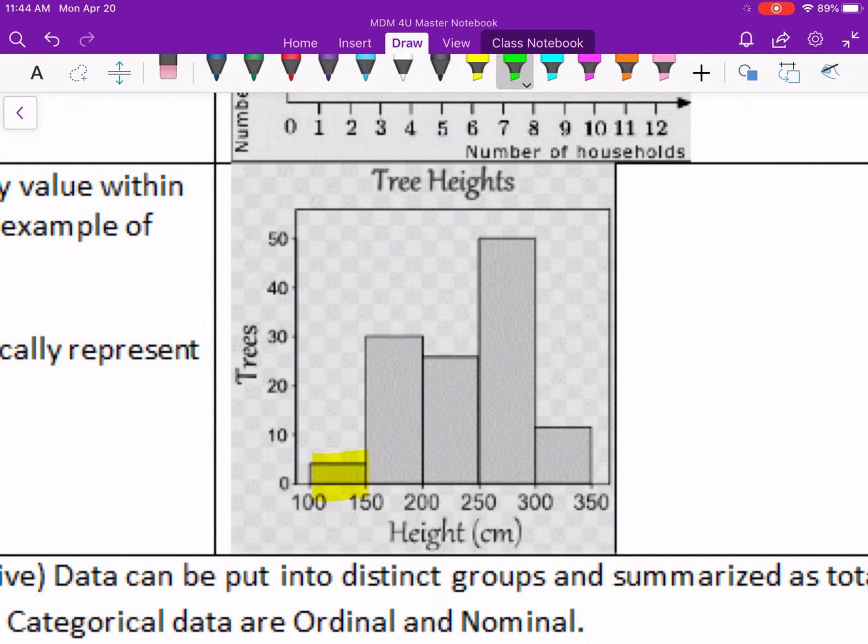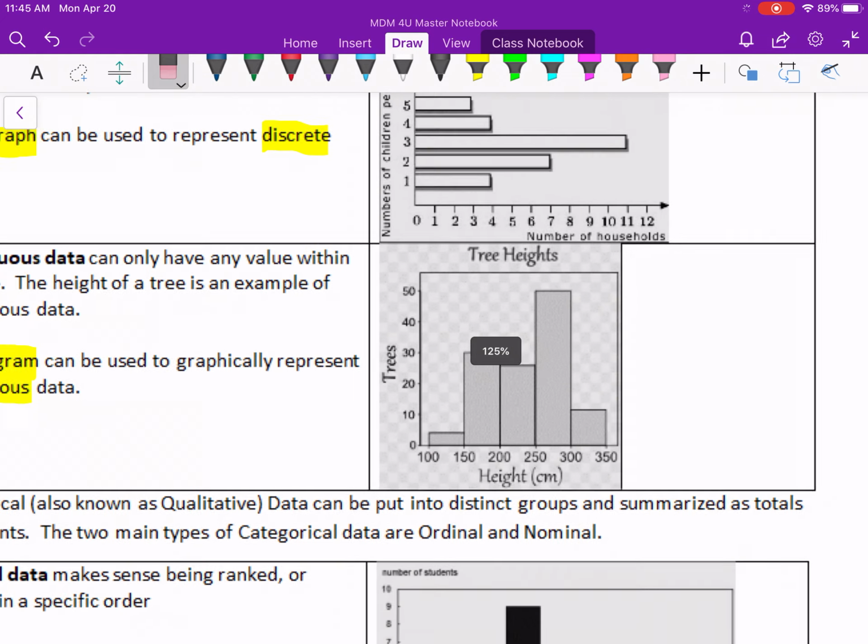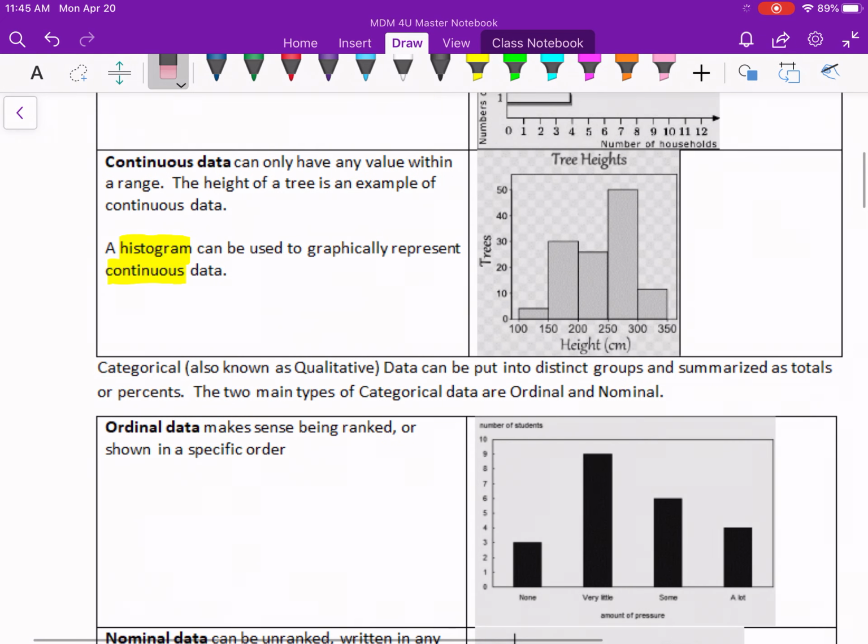And then we could have another one for any tree that falls into this interval between 150 and 200. So we're grouping things together again. And we have to do that for continuous data because otherwise we're not going to have a lot of repetition. We'd have to have an infinite number of bars for every possible height or piece of data. So we group them together for continuous data.